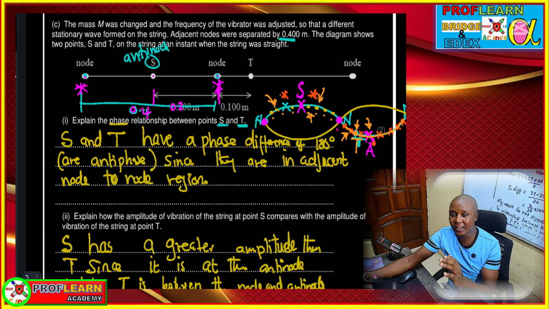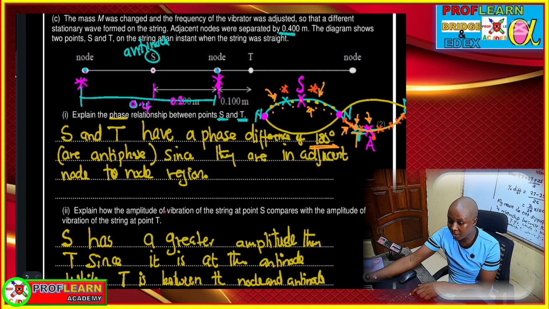But what can vary is the amplitude, because they are in different positions, they are not at the maximum point. So S and T have a phase difference of 180 degrees. They are antiphase since they are in adjacent node regions.